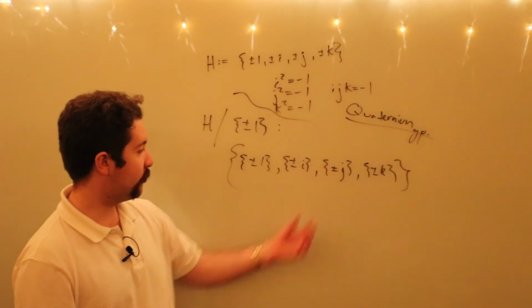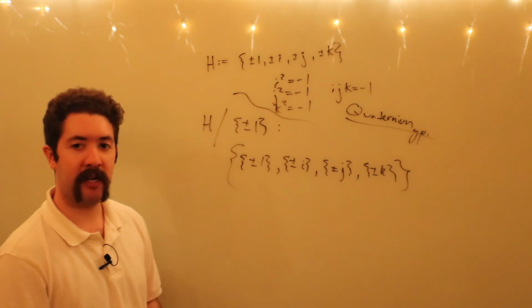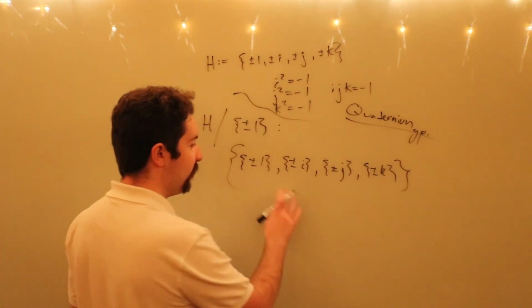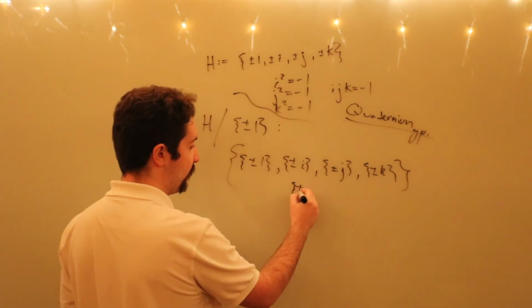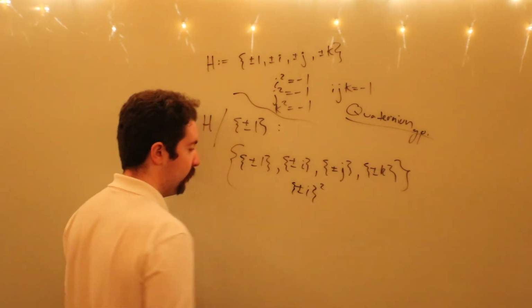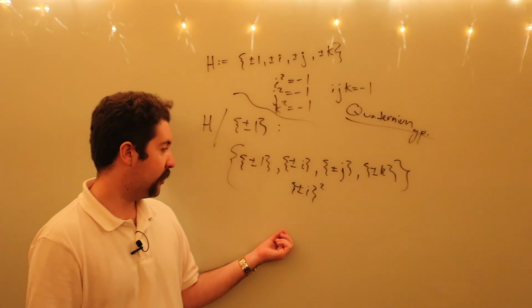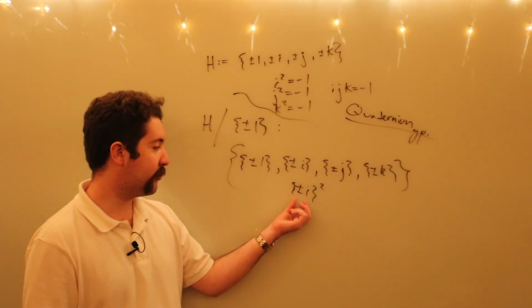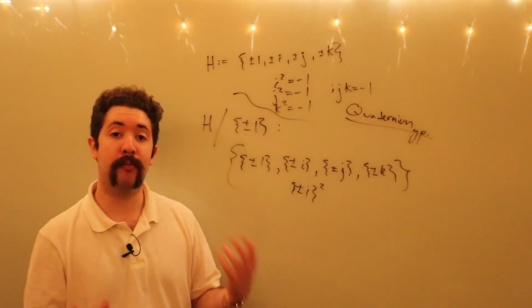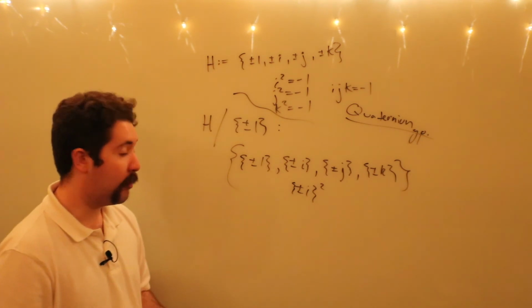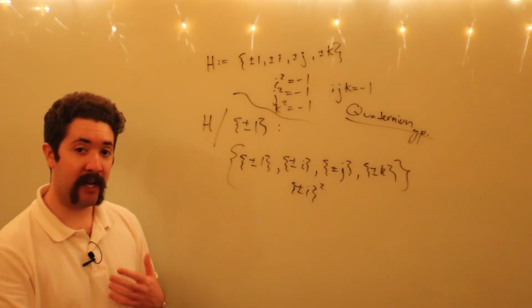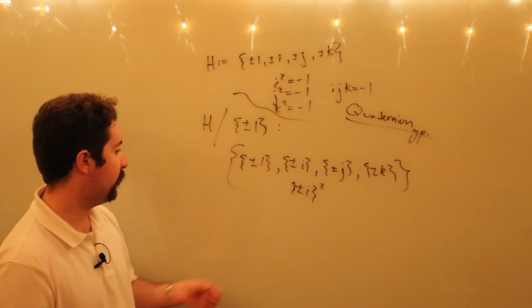Now, what happens with ±i and ±j? Or let's actually start even simpler, ±i squared. Well, i times itself would be -1. And the only things you can get here are -1 and +1, right? We're multiplying i or -i times itself or each other.